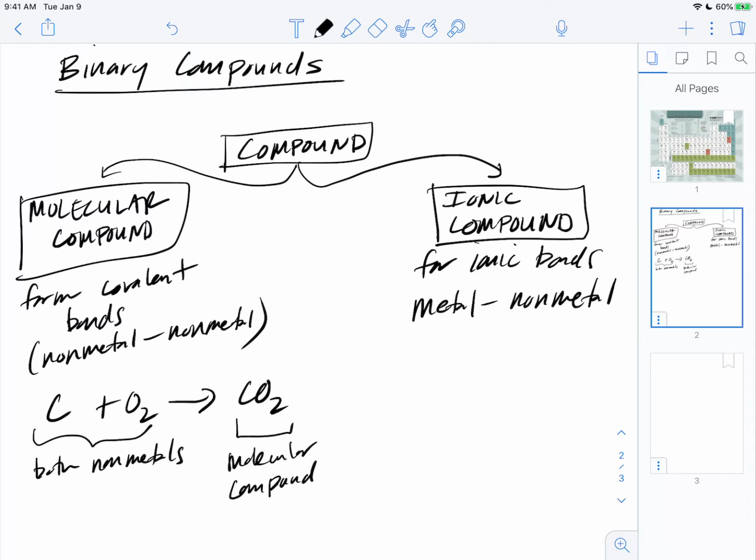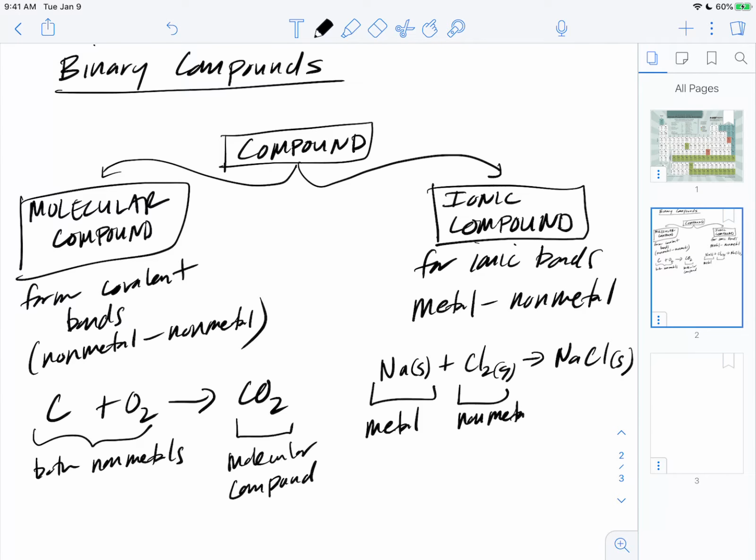So in that case, we would have an example of sodium metal plus chlorine gas going to form NaCl solid. And so this is your metal on the left-hand side of the periodic table, this is your nonmetal, and this is your ionic compound.